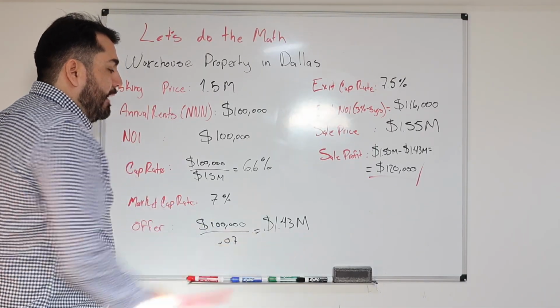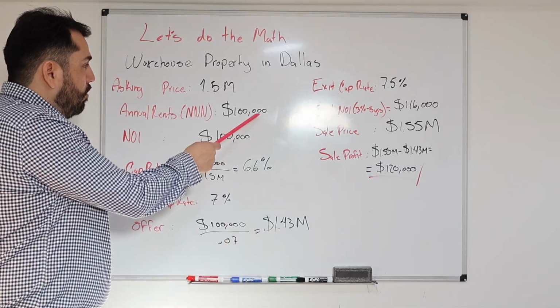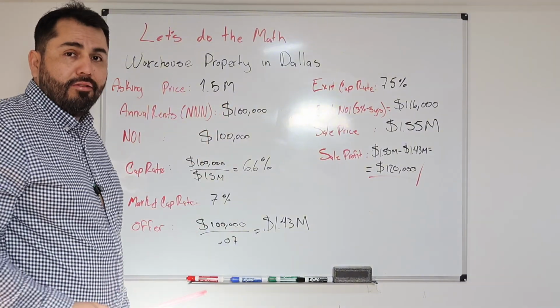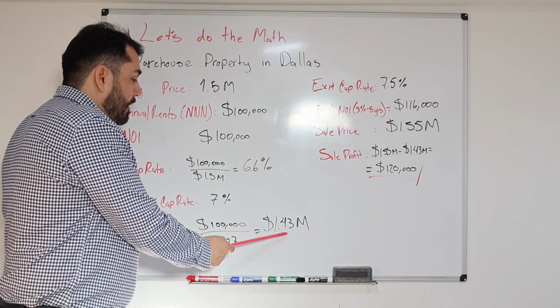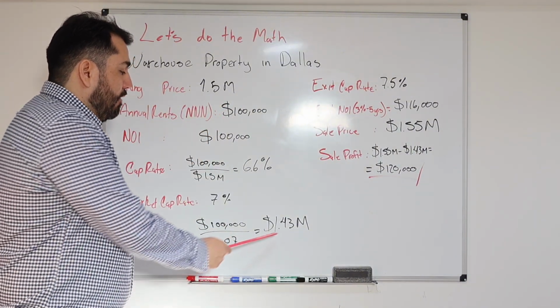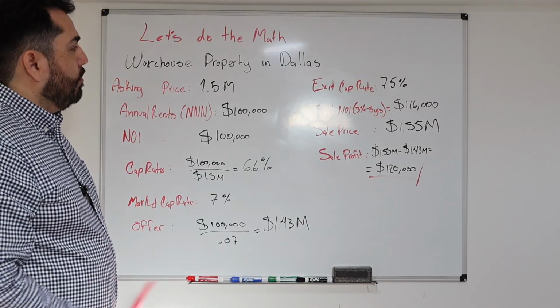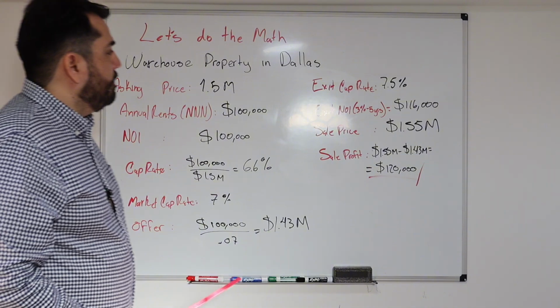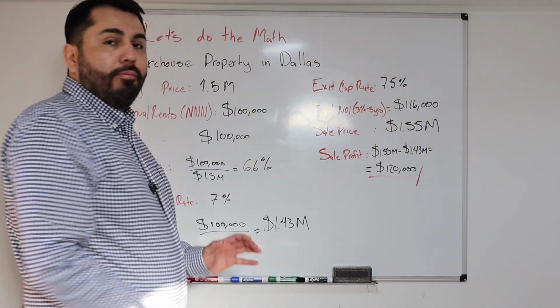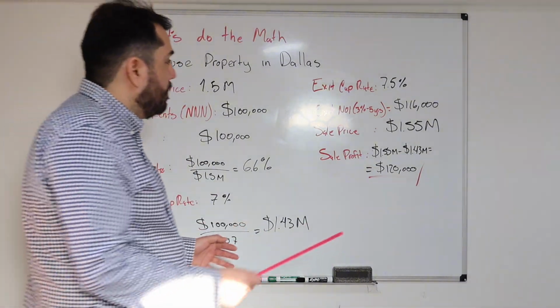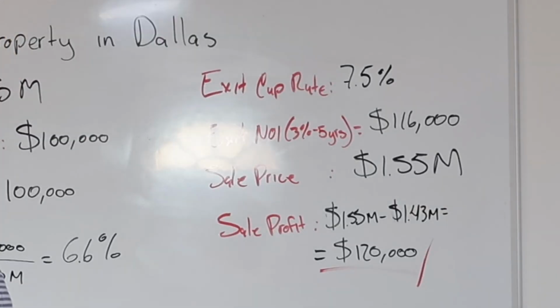So we make an offer a little bit lower than the 1.5 million the seller is asking for, and we make an offer for 1.43 million. Okay, so the seller accepts the offer, and now we have the property cash flowing. Okay, so what will be the exit cap rate when we sell the property?